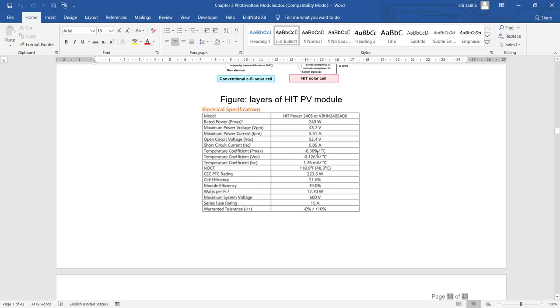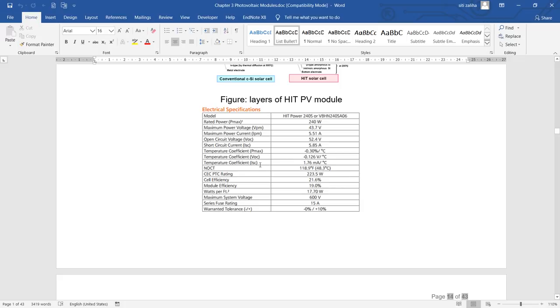So how do we convert these values into percentage? Example here, for the voltage, you take minus 0.126 volt, divide with the open circuit voltage, which is 52.4 volt, and multiply with 100 because it is in percentage, and then you get the temperature coefficient in percentage.